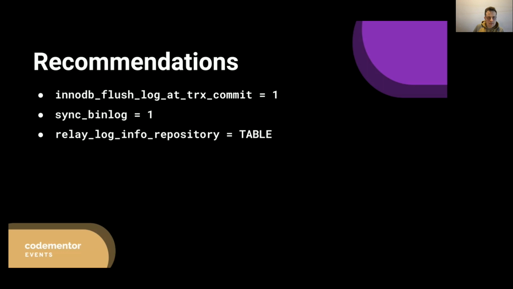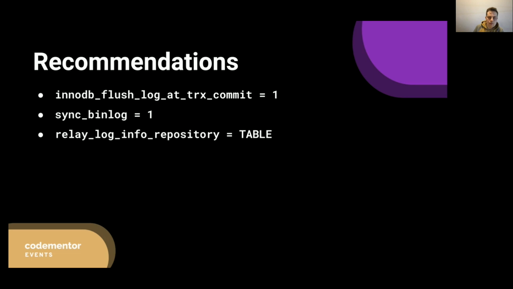Yes, this is a recommendation of how to configure MySQL to be fail-safe. So basically, you should do three things. First one is sync bin log equal 1. It means that for each transaction, MySQL will try to flush it to disk. InnoDB flush log at TRX commit also 1. It also means that it will flush the redo log.